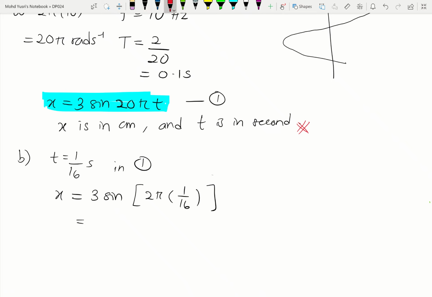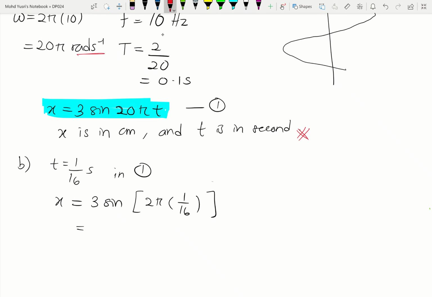Now remember that the value of omega is in radian per second. Therefore, when we calculate displacement, we need to use radian mode. Okay, so make sure calculator kita ada dalam mode radian.